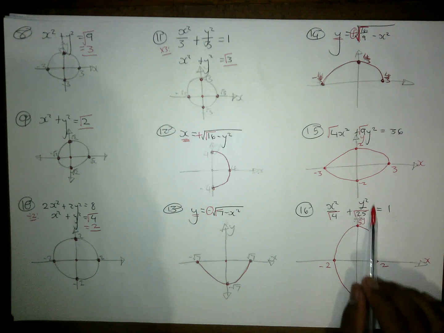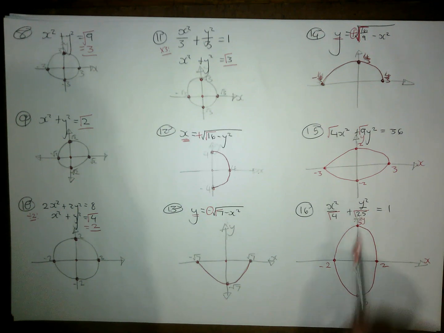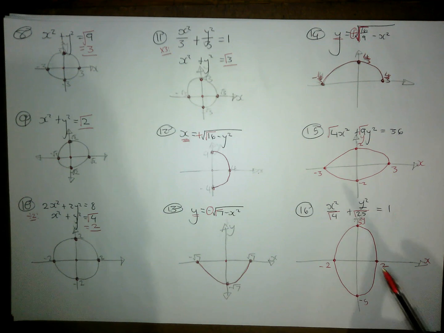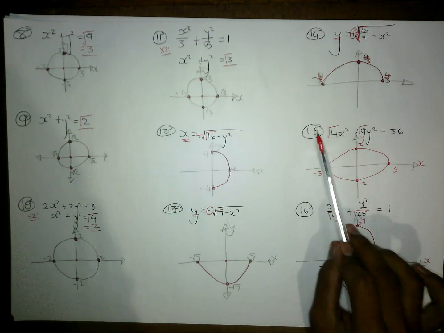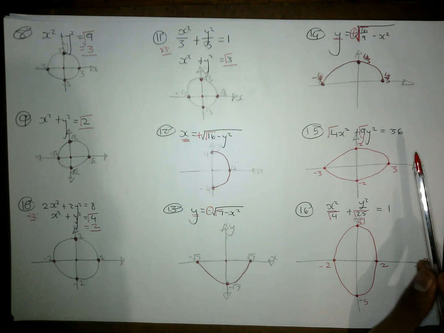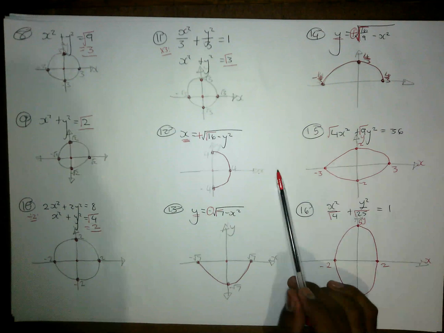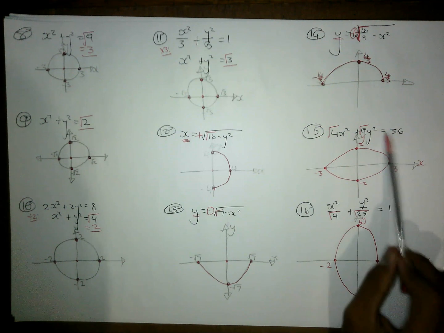25 is what the y squared is in a fraction, so they'll get that 5 on the y-axis. But because this isn't in a fraction, and we have this number with the radius maybe, but this doesn't matter. This number doesn't matter.